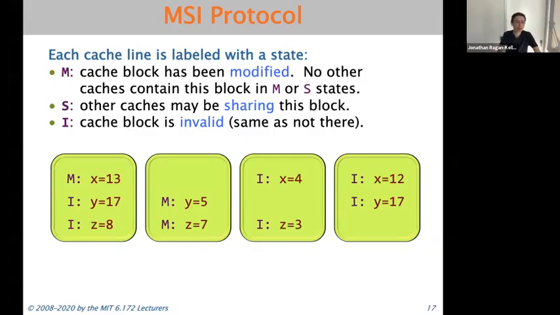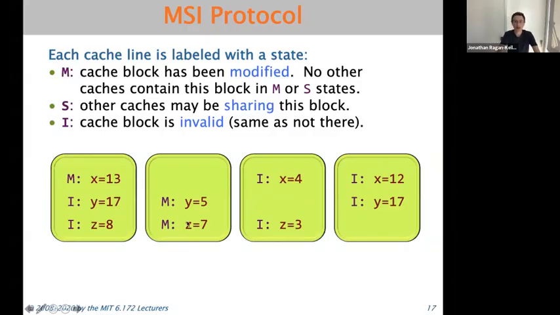And so by allowing things to be in a modified state, instead of constantly broadcasting updates everywhere, we allow this core to locally update the values for y and z repeatedly without having to communicate globally. So once we've done that one broadcast to invalidate these things in everybody else's caches, as long as nobody else touches those for a while, we can locally do a whole bunch of work on them just as efficiently as if we were the only processor in the world. And so that's really one of the most fundamental issues here.